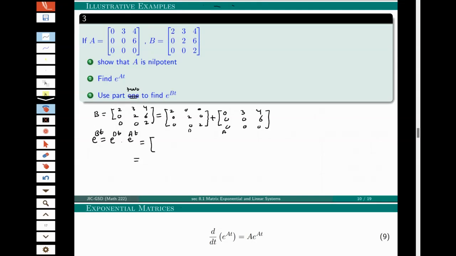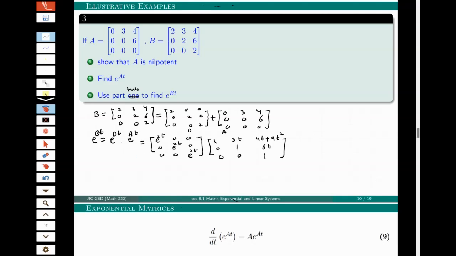This is equal to e to the power dt, e to the power 2t 0 0, 0 e to the power 2t 0, and 0 0 e to the power 2t, multiplied with e to the power at, which we have 1, 3t, and 4t plus 9t squared, and we have also 0, 1, 6t, and we have 0, 0, 1.